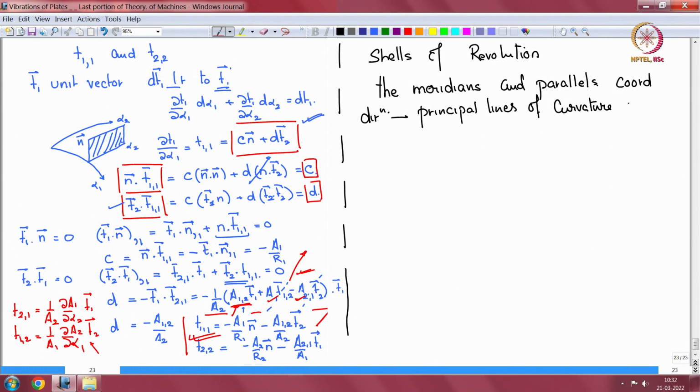And therefore, M is 0. For example, we have seen it for a cylinder.